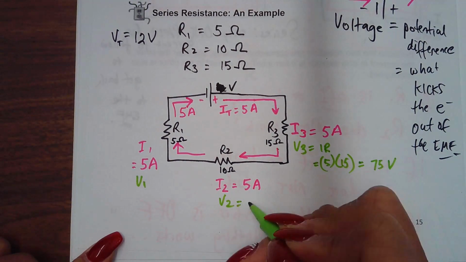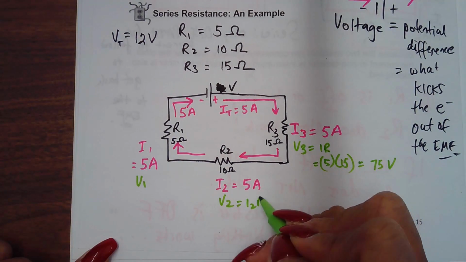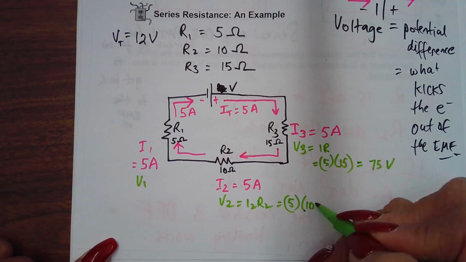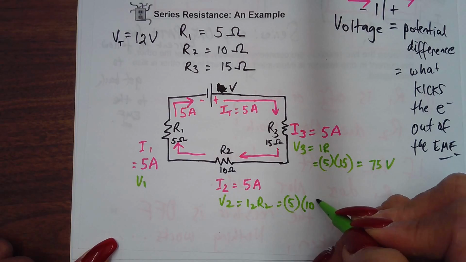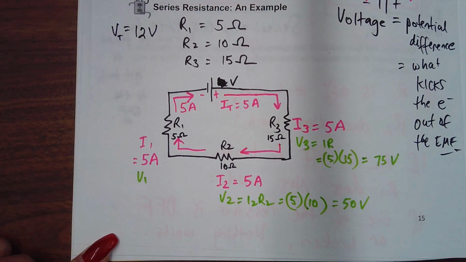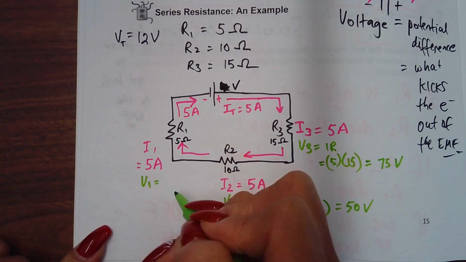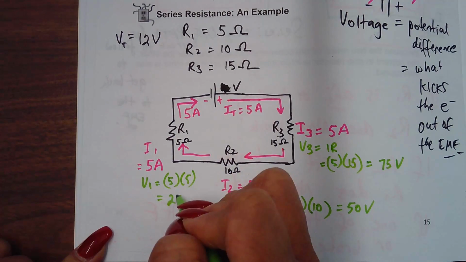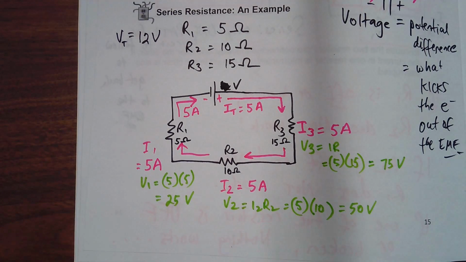What about this one here? V2 equals I2 R2. So I is 5 and the R is 10. So this will be 50 volts, right? So what's our V1? 5 still times 5 is 25 volts. So our EMF is obviously not 12.